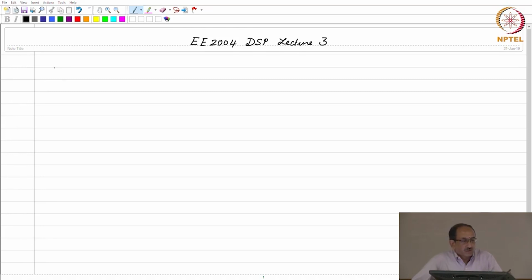So you are usually told that the delta function definition is this, that is, the integral of delta of t is 1, so the area under the function is 1, that is what we are used to, and then delta of t is 0 for t not equal to 0.